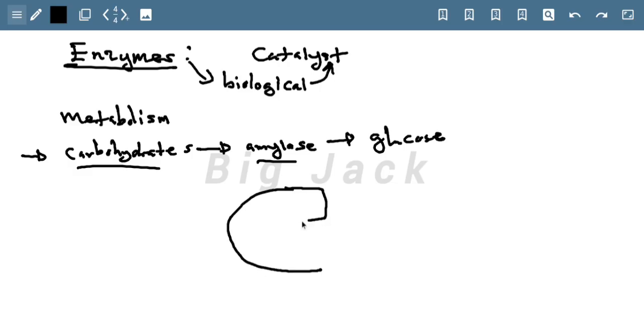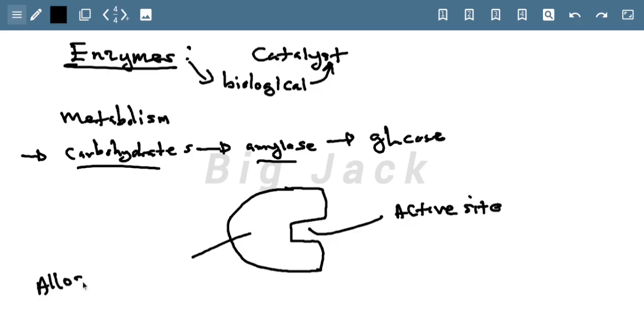An enzyme has two parts. It has an active site. So this is the active site, the site where the substrate binds, and the other part is called the allosteric site.